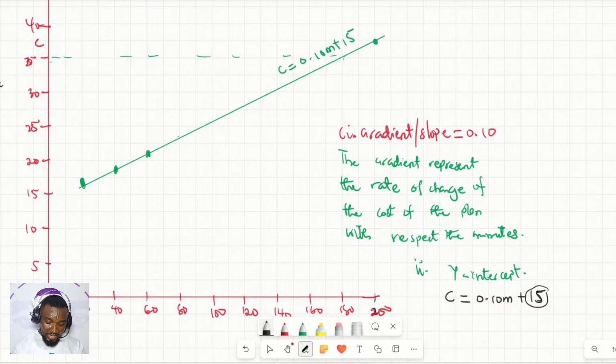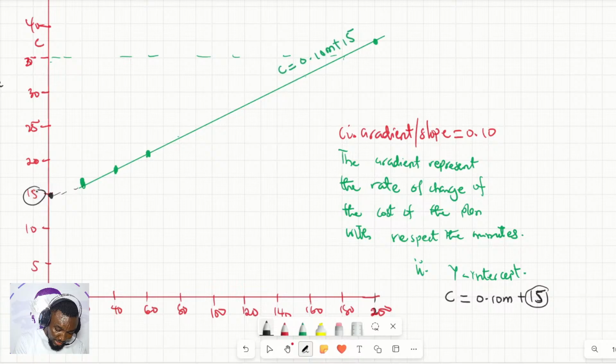So interpreting that, it tells us the amount of money, or the fixed amount of money. So the y-intercept represents the fixed amount of money that Sarah is supposed to pay at the beginning, because at that point x is equal to 0, but y is at 15. You see, when x is equal to 0, the graph will come to the 15 here.